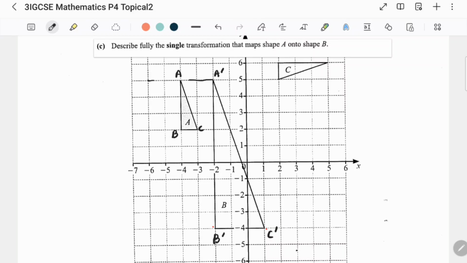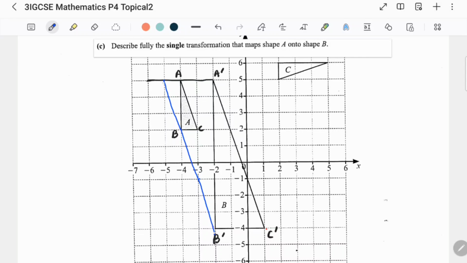So A to A prime. And now the second one, we can join B to B prime. Take your ruler and join it. Okay.